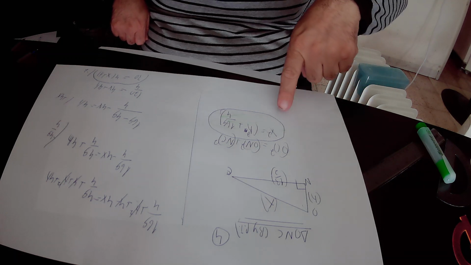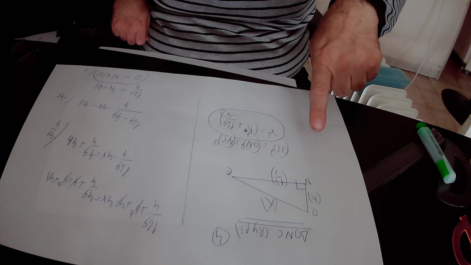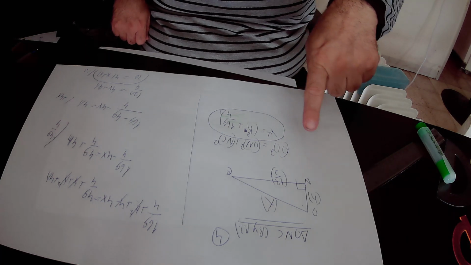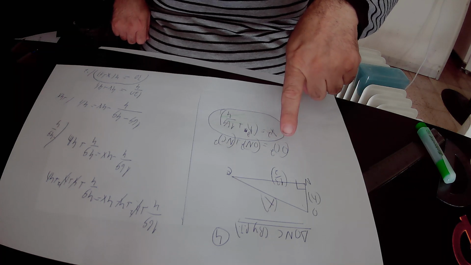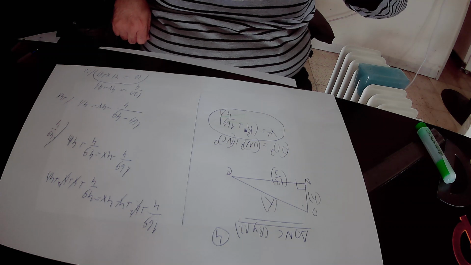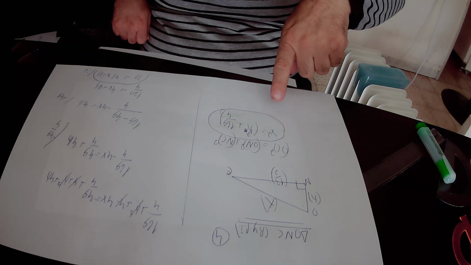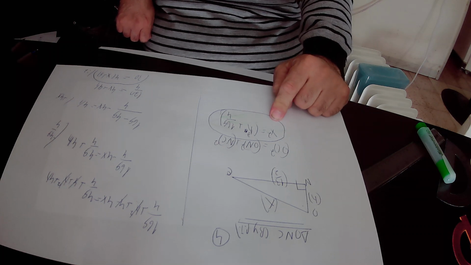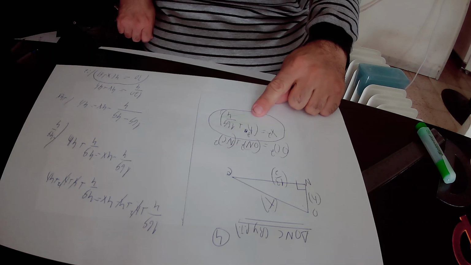OC is x, therefore OC square is x square, which equals ON square plus NC square. ON is h, therefore ON square is h square. NC is 13 over 2, therefore NC square is (13/2) square, that is 169 over 4. So in total we found that x square equals h square plus 169 over 4.